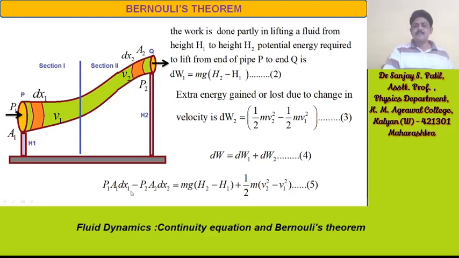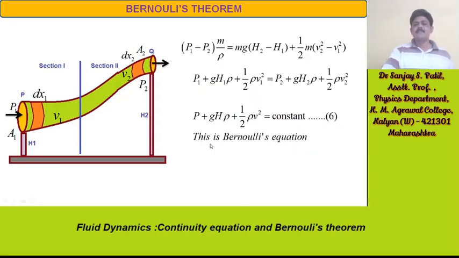So earlier we have written dW is equal to P1 A1 dx1 minus P2 A2 dx2, which is equal to mg into bracket h2 minus h1 plus 1 half m into bracket v2 square minus v1 square. This is equation 5. Rearranging the terms, (P1 minus P2) into m by rho is equal to mg (h2 minus h1) plus 1 half m (v2 square minus v1 square).